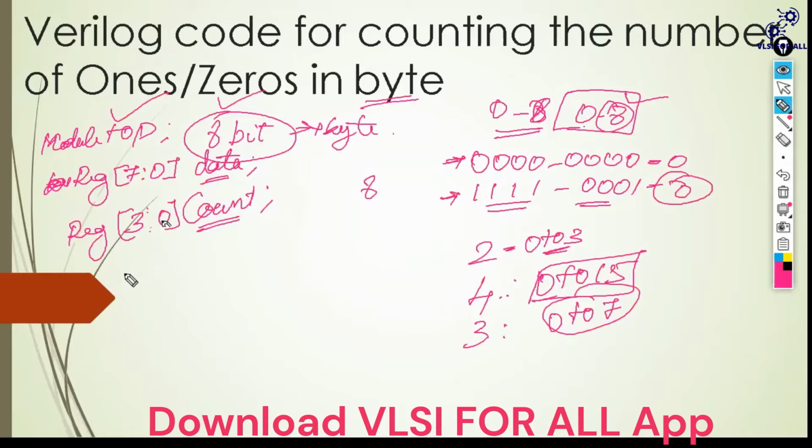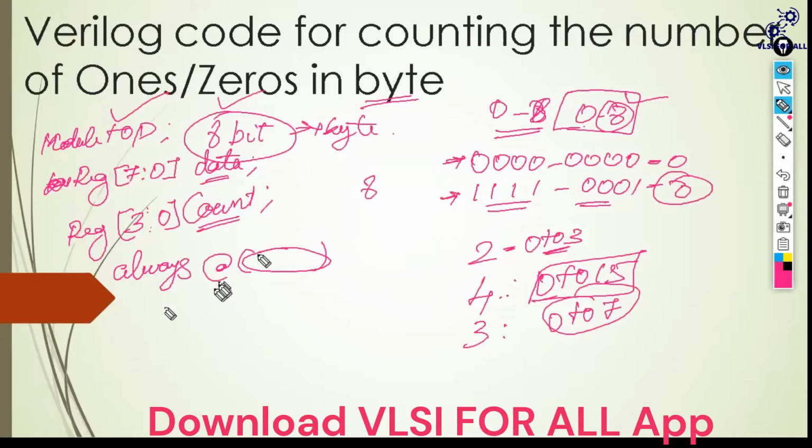So that is [3:0] count. After that, in order to do something, we need to use a procedural block, right? So always @. In the brackets we need to give the sensitivity list, for whatever changes happen to the variables mentioned there. Then the code inside this always block will be executed.